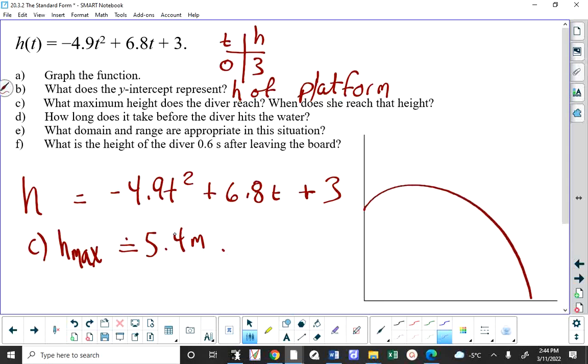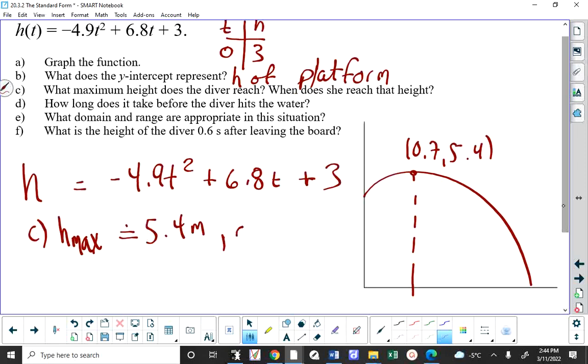I'm just going to put that this is 0.7, 5.4. That 0.7 is a time that she reaches the maximum height at. So at t equals 0.7 seconds. Do you see why I made a big deal about the maximum being a y value at x equals something?